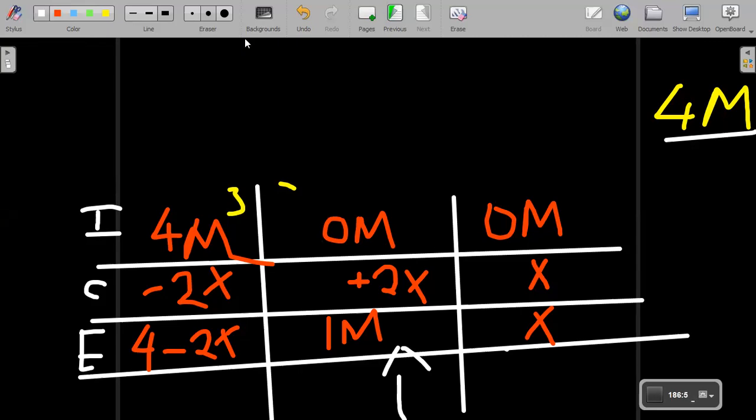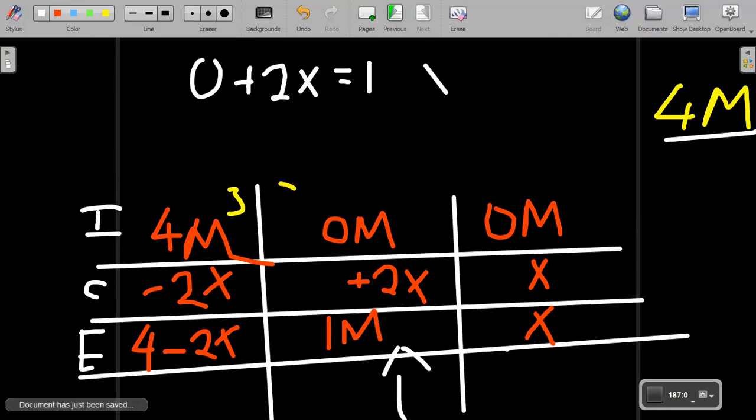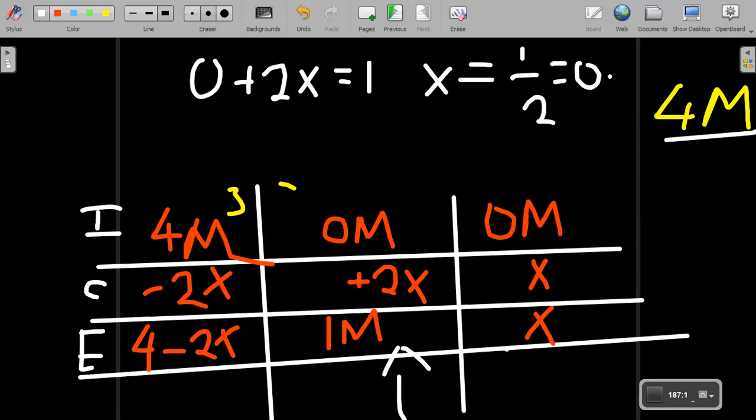So if we add the initial one, which was 0, plus the change 2x, and equate it to the final, which is 1, we expect our x to be equal to 1 divided by 2, which will just be 0.5. So we have 0.5 there for x.